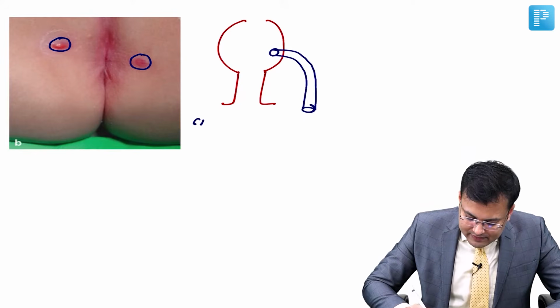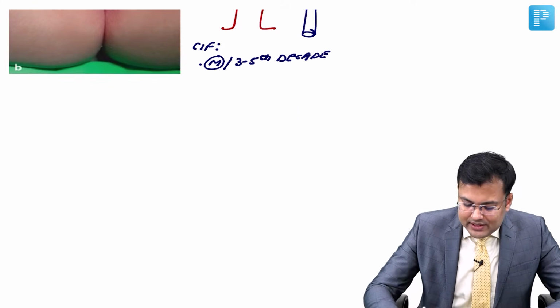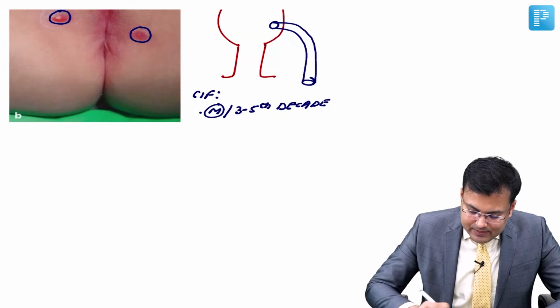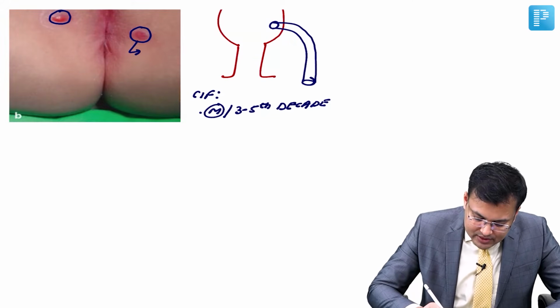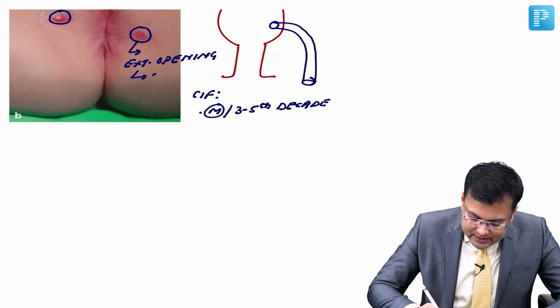First, see the clinical features. It is more common in males and generally it is seen in the 3rd to 5th decade. What is the presentation? Here you can see these patients have an external opening in the perineal region, and from this external opening there is seropurulent discharge.